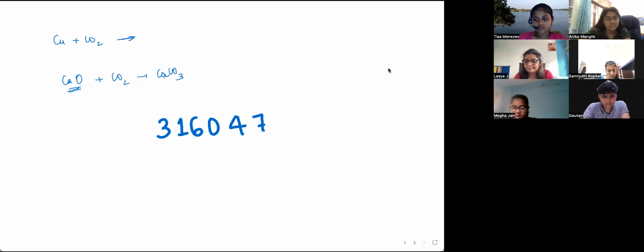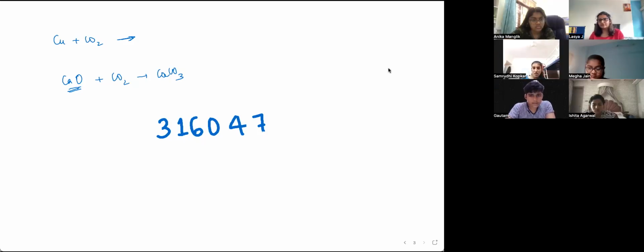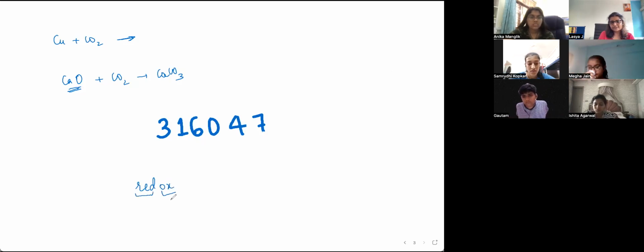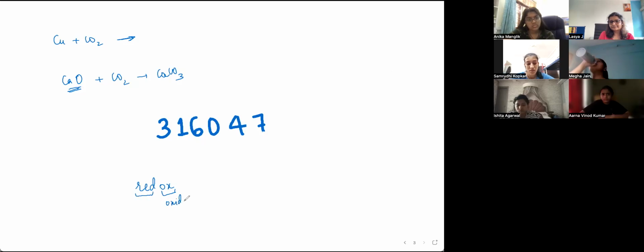Yeah, Tia. Can you please repeat the meaning of redox reaction? So redox means reduction and oxidation. If you have a reaction in which both reduction and oxidation are taking place, you call it a redox. So redox is a combination of the words reduction and oxidation. You have red, reduction, and ox is oxidation.